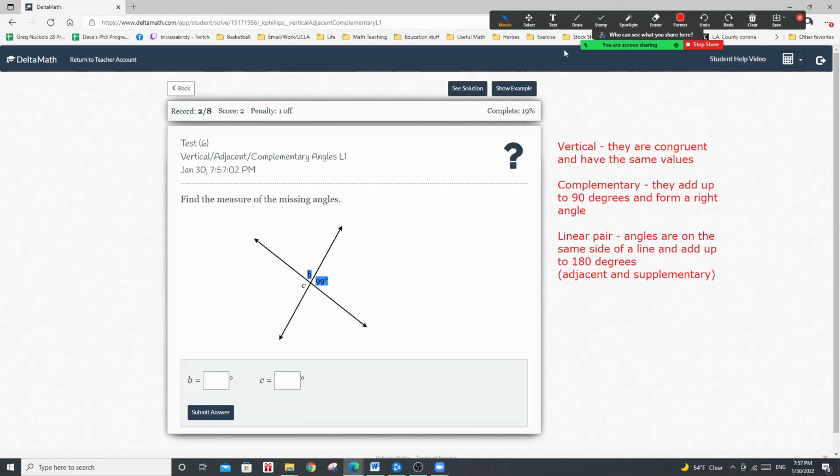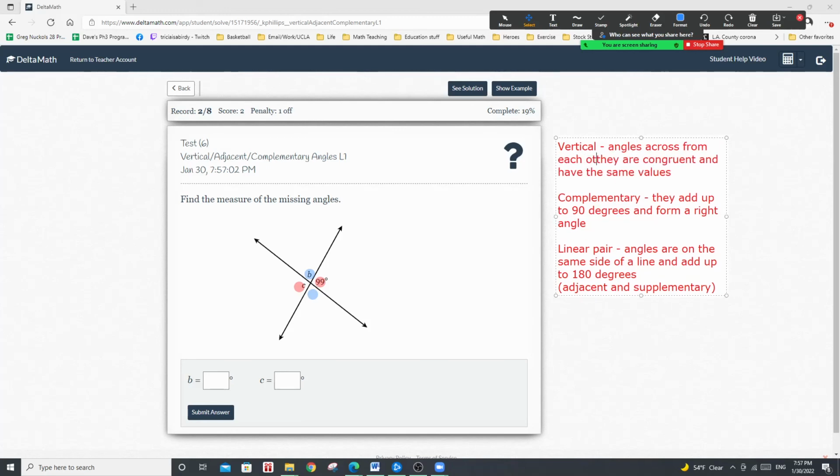Let's do one more of these where it forms an X shape, okay? So first is to identify the vertical angles. Those are color-coded to be vertical. Angles across from each other.